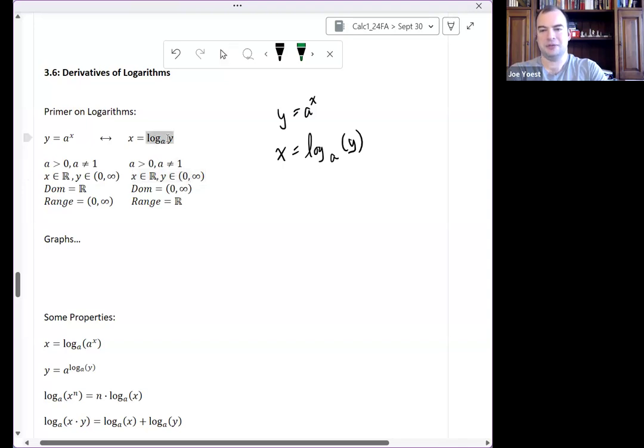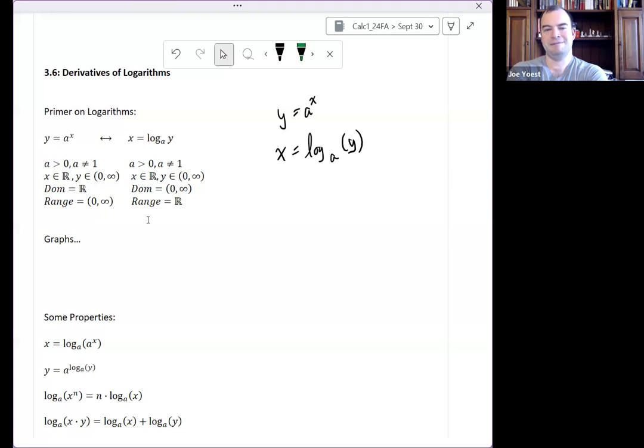But I see now that what I can plug into the logarithm function is positives. And when I get out of the logarithm function, the range is all reals. My domain and range swapped when I went from one to the other. So the domain of an exponential function is all real numbers. Its range is positives. The domain of a logarithmic function is positives, and the range is all real numbers.